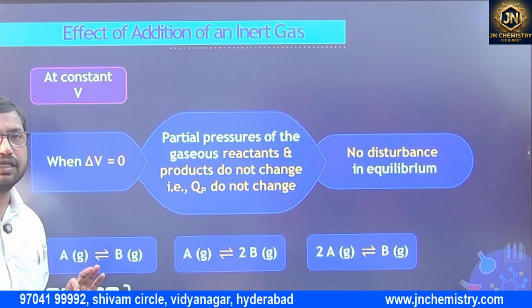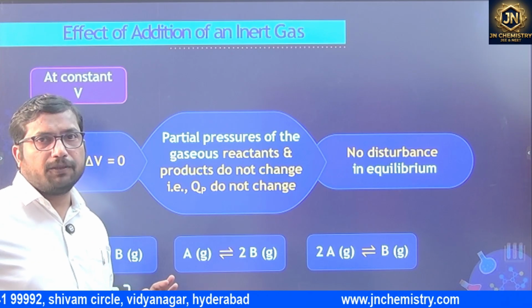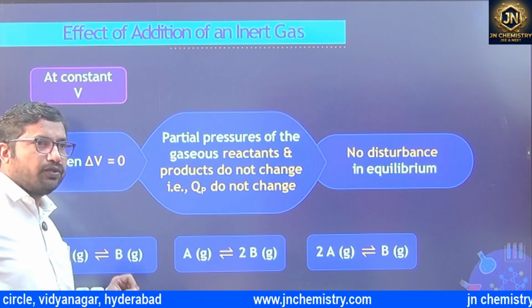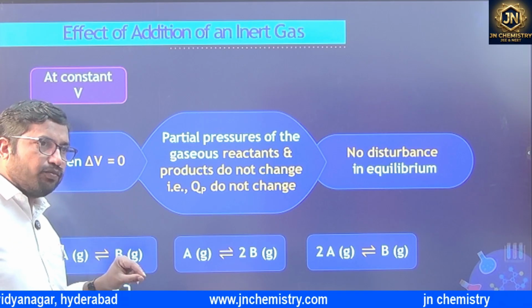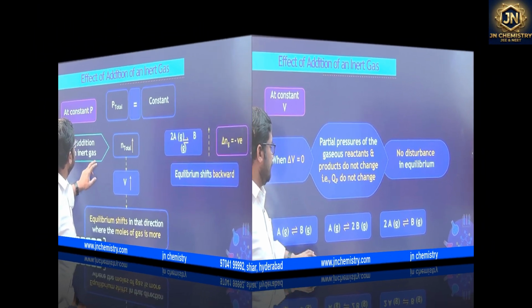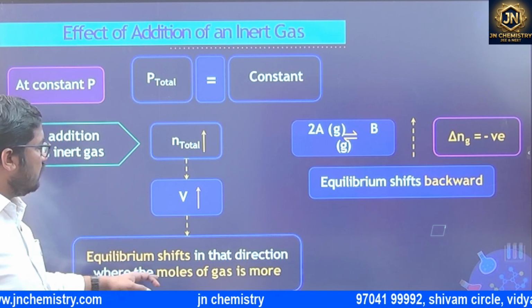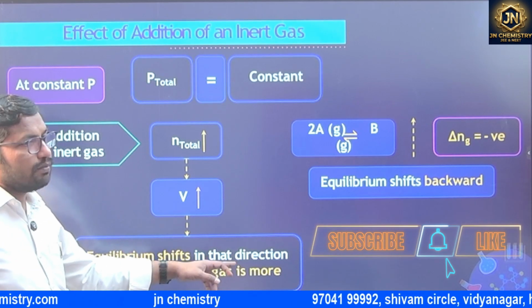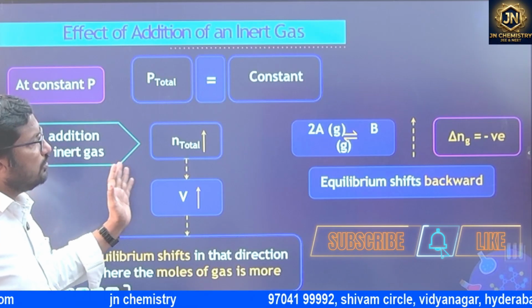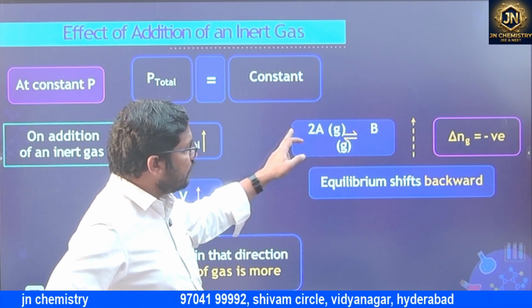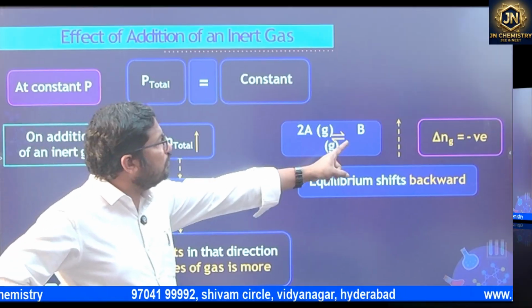At constant pressure, equilibrium will shift in the direction where the moles of gases are more, meaning less number of moles to more number of moles. So in this case, the backward reaction takes place. There is 1 mole, 2 moles.